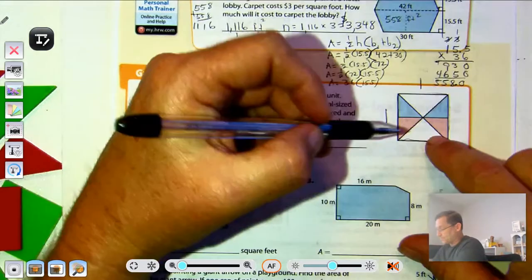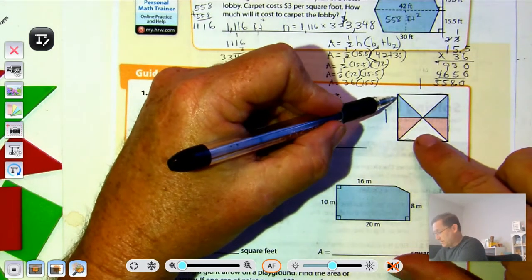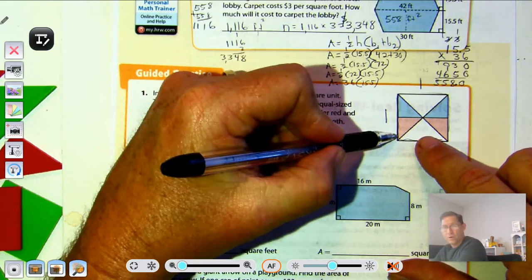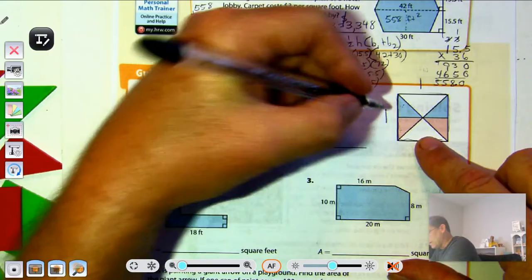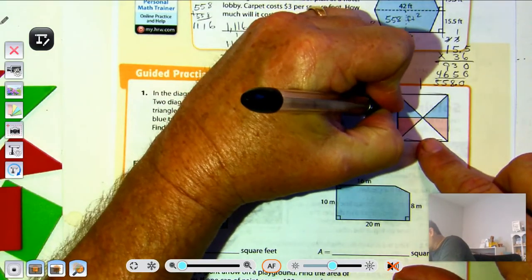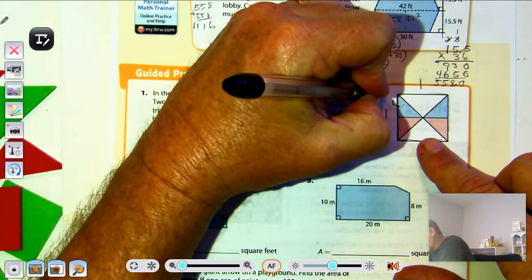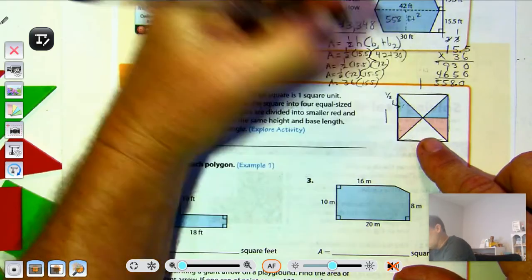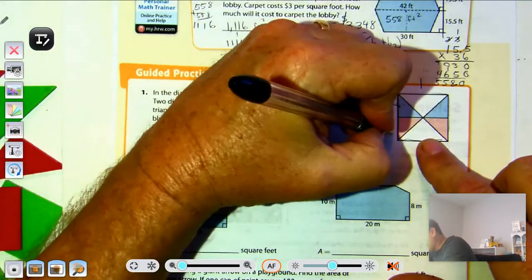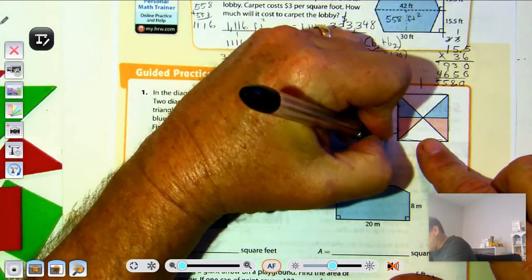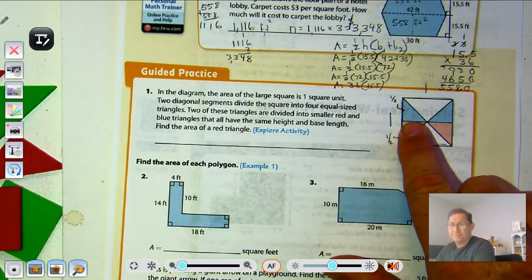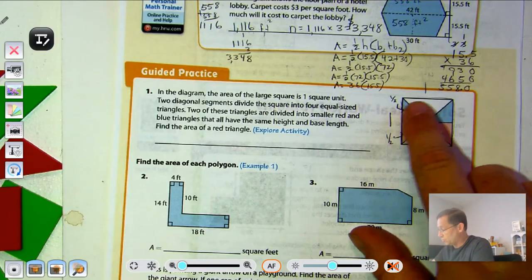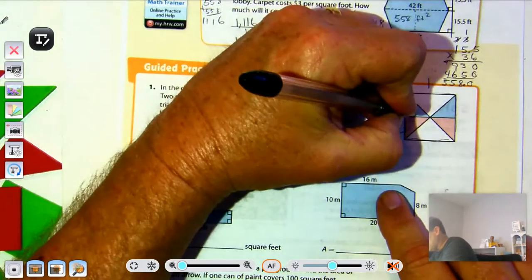All right, well, so if this whole length of this is 1 unit, these are cutting it in half, right? So that's 1/2. This is 1/2. This base would also be 1/2 because this whole side is 1.